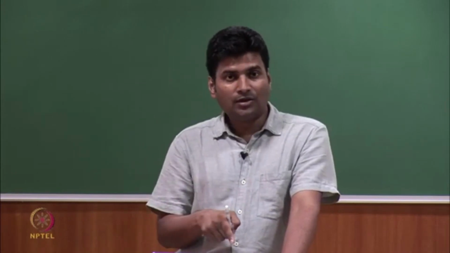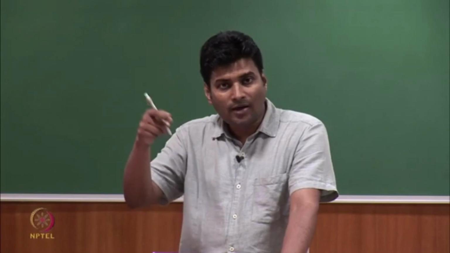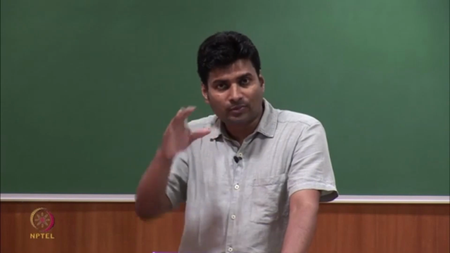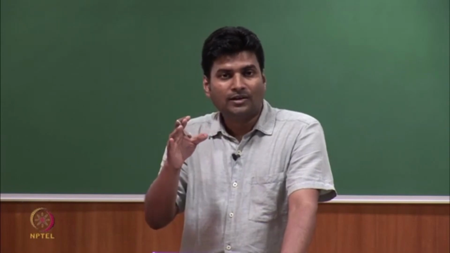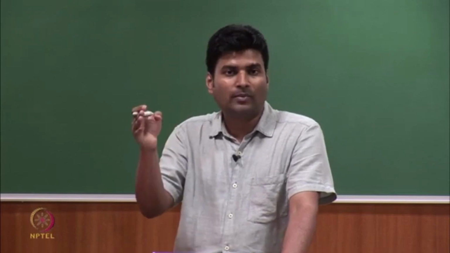But anyway, we are applying pressure which is in the radial direction. You can recall that whatever you apply externally on the surface of the body, the internal traction becomes equal to what you apply.